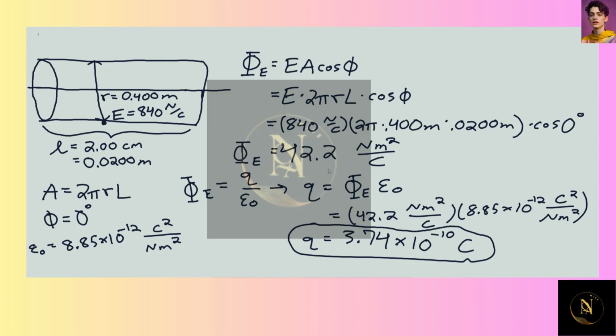We just solved for that flux of 42.2 newton meters squared per coulomb. So we plug that in for the electric flux, and we plug in our constant epsilon naught. Just multiply these together, and we get that the total enclosed charge is 3.74 times 10 to the negative 10 coulombs, for the total amount of charge that must be along this line, because that's the total amount of charge that is enclosed within the Gaussian cylinder.